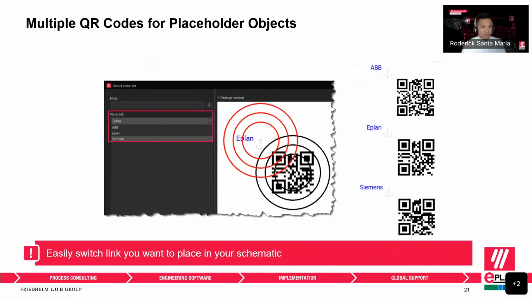Next topic is placing QR codes in your schematic. You now have the possibility to use a placeholder object for them. Not only that, this means that you can switch links in between your QR codes without having to place them every time.